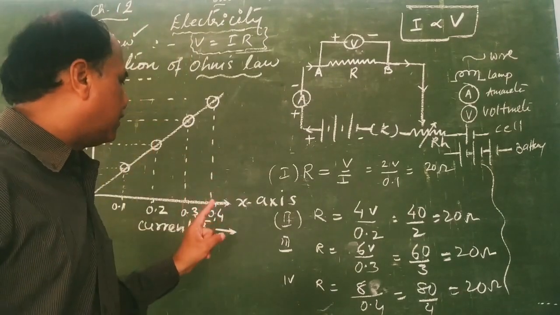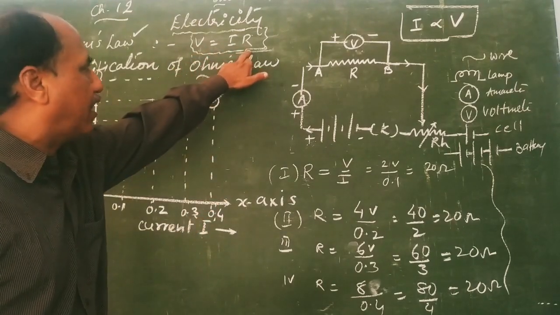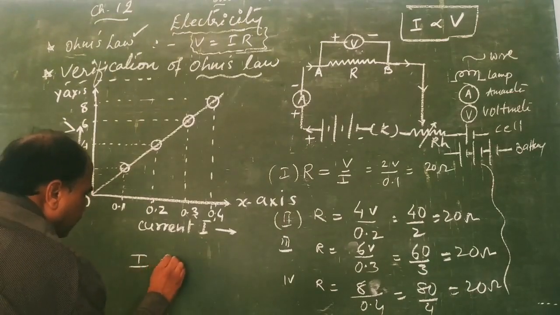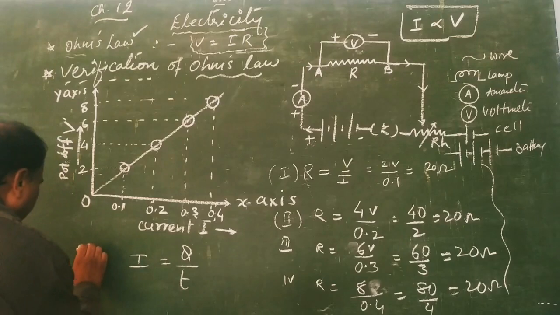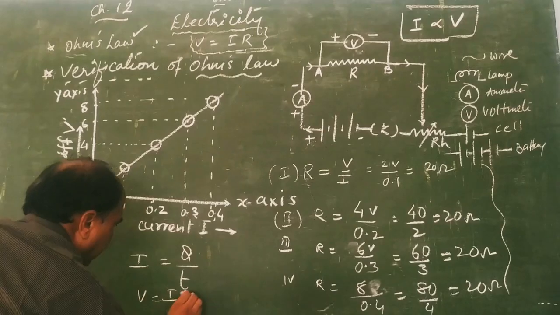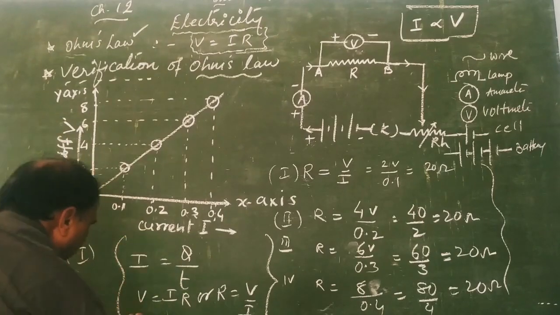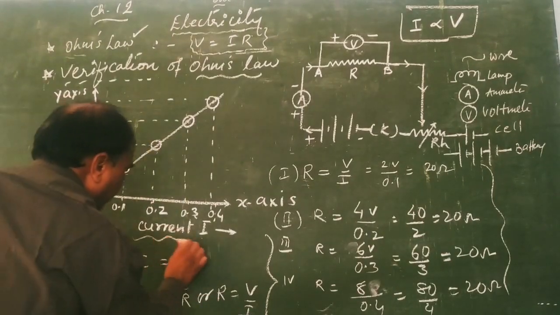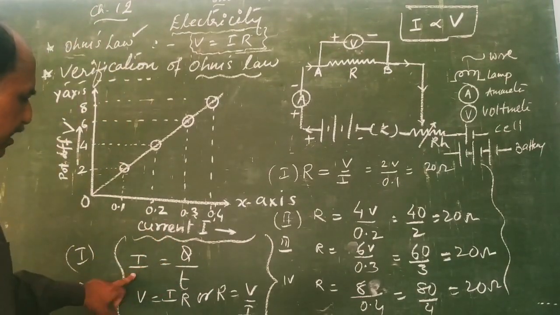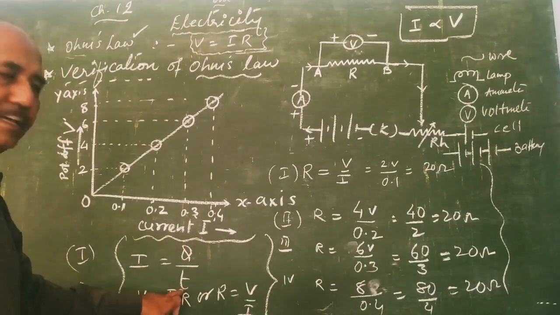Now, the last one is the relations which we have studied today, that is V equals IR, and as well we have used the electric current, that is I equals Q by T. So the first relation was electric current, and the second relation we have used is V equals IR or R equals V by I. Based on this, I want you to please open the NCERT textbook and go through the numericals. Use this relation I equals Q by T, or you can also get the charge in coulombs if I and T are given.